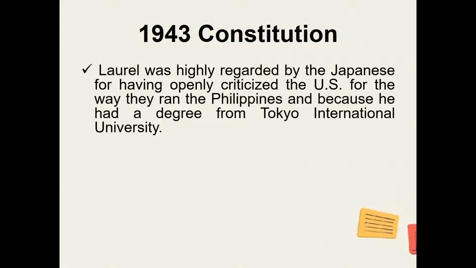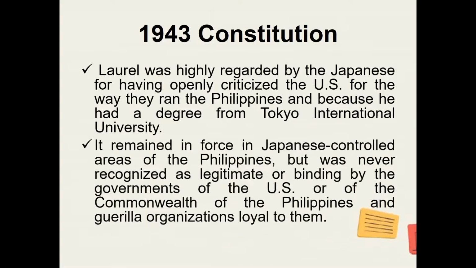So they ran the Philippines, and he had a degree, he actually graduated from Tokyo International University. It remained in force in Japanese-controlled areas of the Philippines, but was never recognized as legitimate or binding by the governments of the U.S. or of the Commonwealth of the Philippines and guerrilla organizations loyal to them. Okay? So it was not really accepted generally by the Filipino people.